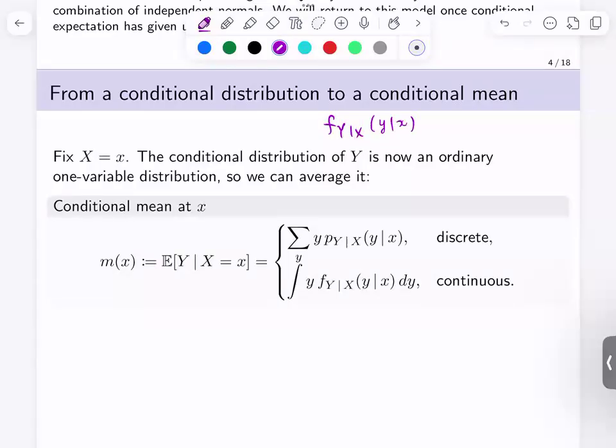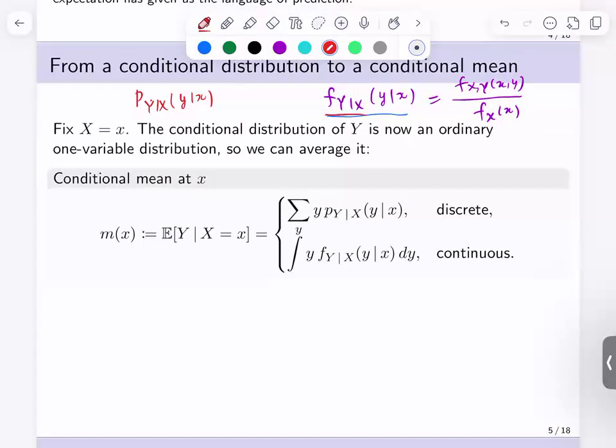This is the density of the random variable y, given that the random variable x is equal to x, and it turns out to be the joint density divided by the marginal density of x. In the discrete case, it would be a conditional PMF, same formula but for the PMF.